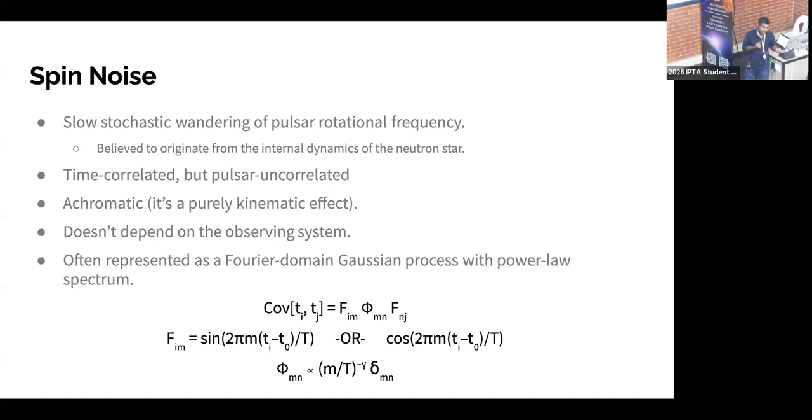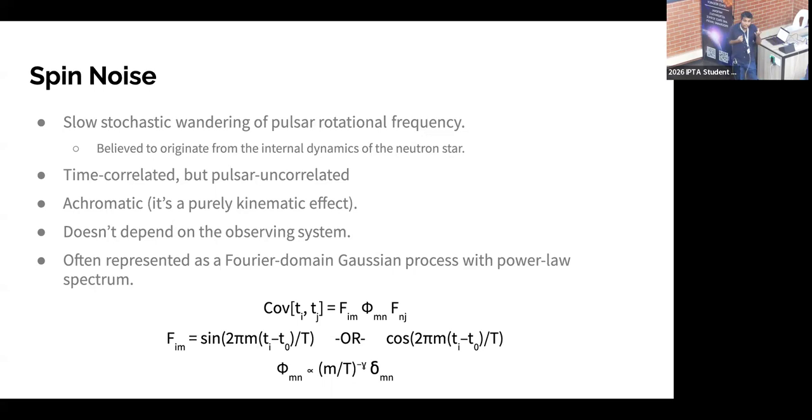But on top of that, it is believed that the internal dynamics, or rather whatever superfluid or superconducting material is inside the neutron star, has some dynamics of its own, and that dynamics can cause random variations. Small random variations in the pulsar's rotational frequency, and this is known as spin noise.